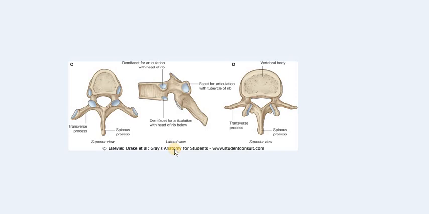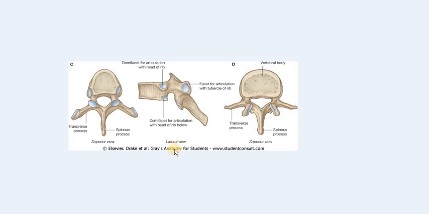The body contains a single facet which articulates with the 12th rib. So the body is similar to the vertebrae of the lumbar region, but it has a single costal facet which articulates with the 12th rib.